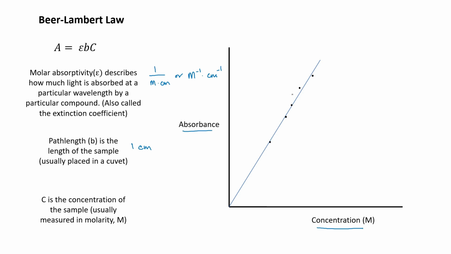Yes, there's always going to be some noise in your data, but notice it's going to go through the origin, because if you think about the formula for a line, y equals mx plus b, and Beer's law, you'll notice that for Beer's law, your b value is 0. So again, this is just a really quick and easy check as you're collecting data. Does your line that you're extrapolating go through the origin? It should be very, very close.